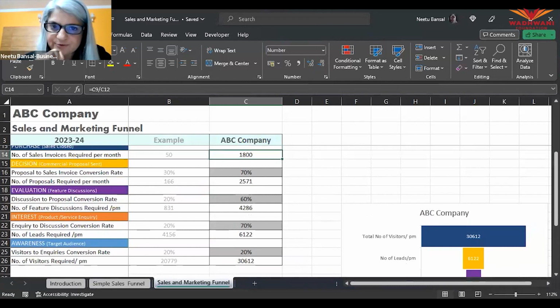And for those of you who don't have it, you must have some assumptions in your mind. Put those numbers over here. What I have put is just ballpark figures. It's not a trend. It's not research analysis numbers that I put in.